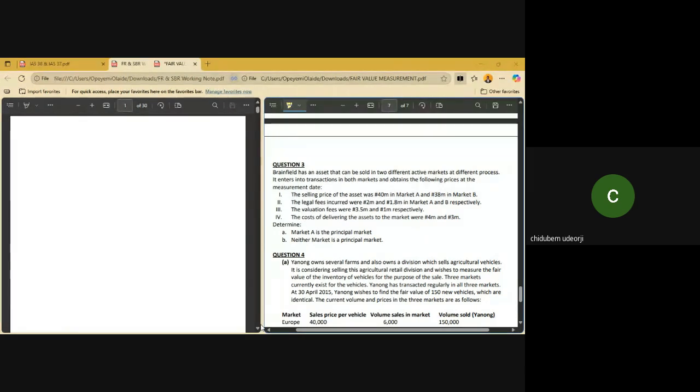Three, the valuation fees were 3.5 million and 1 million respectively, and the cost of delivering the asset to the market were 3 and 4 million. Determine the fair value if A, market A is the principal market, B, market B is the principal market.